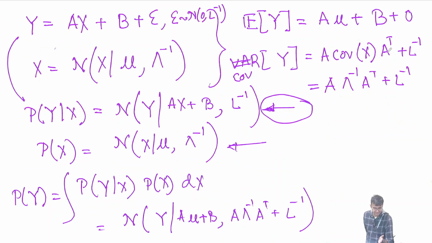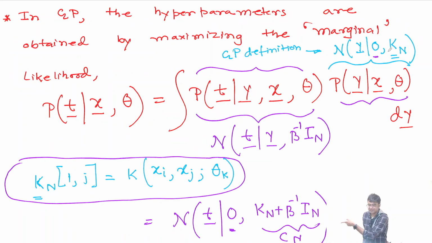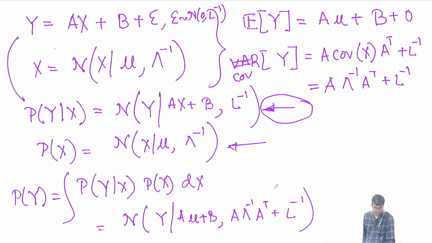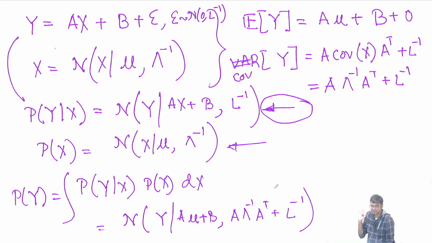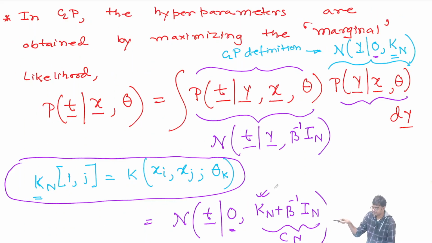So what is A, which is 1, lambda inverse A transpose, so 1, lambda inverse 1, so lambda inverse. What is lambda? Lambda inverse is Kn, so that Kn is sitting here, plus L inverse. L inverse is beta inverse I. So you end up with this expression.